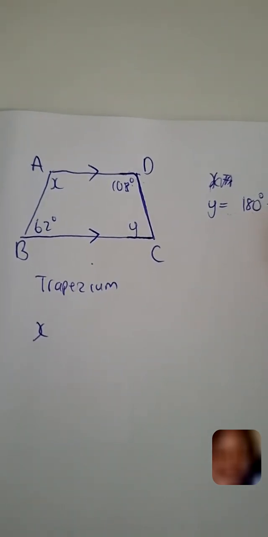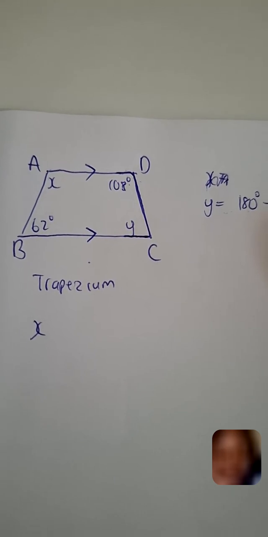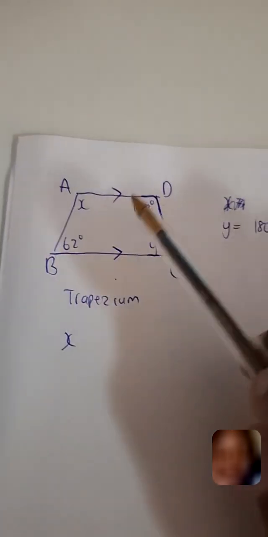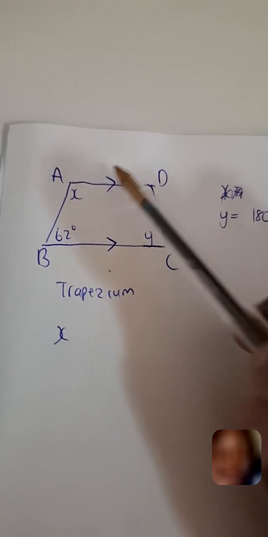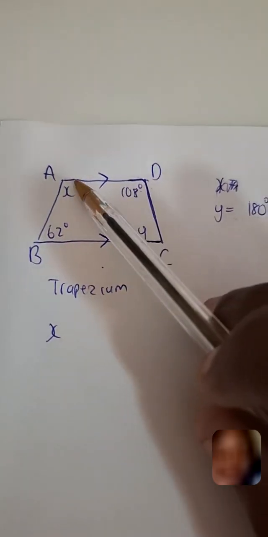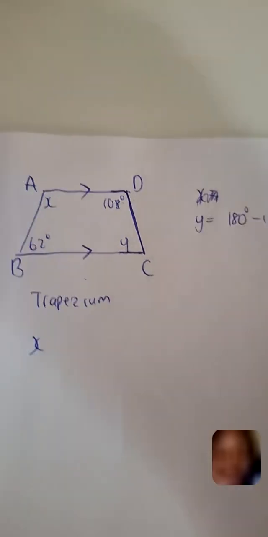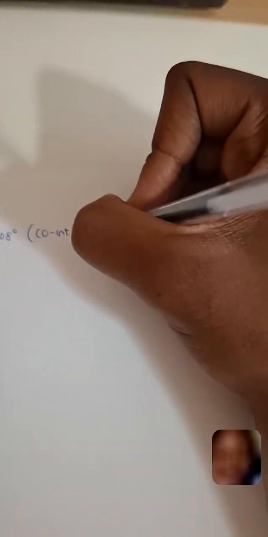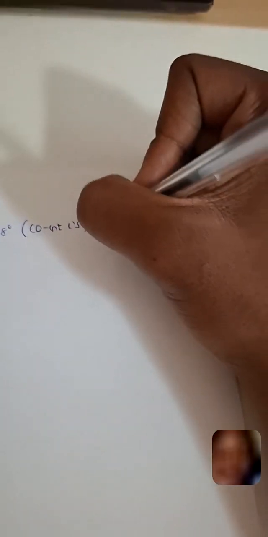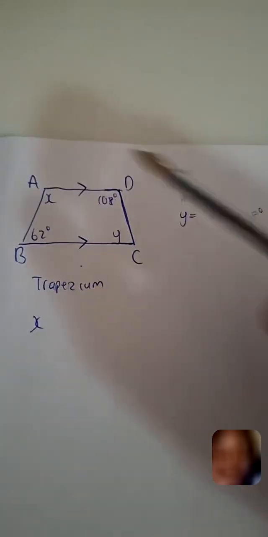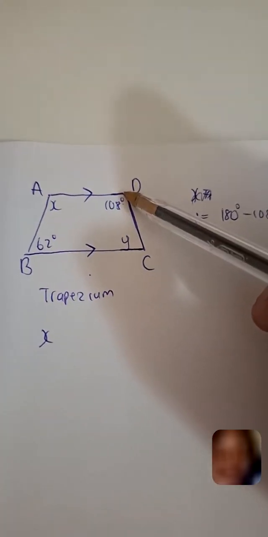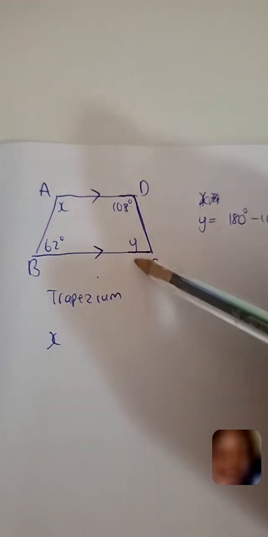AD is parallel to BC. Beautiful. So AD, very good, Kia, is parallel to BC.